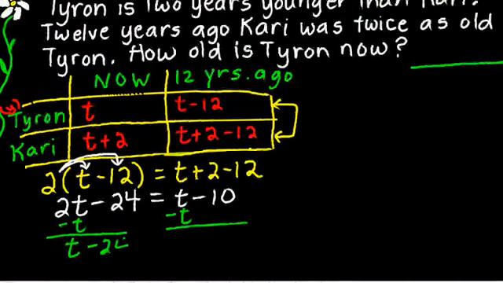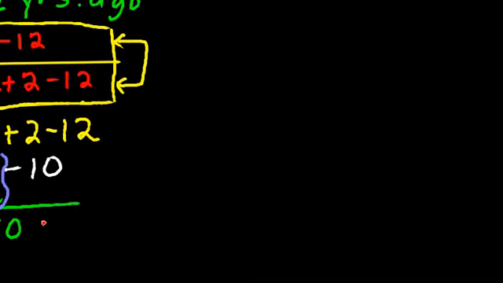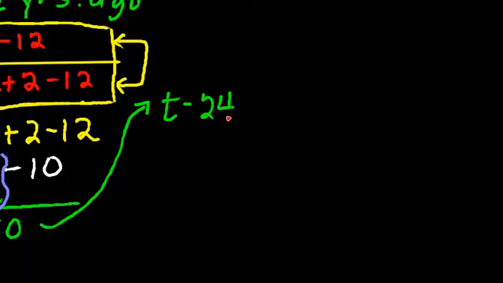Over here, these 2 are equal to 0, so we'll bring down nothing. Equals negative 10. I'm running out of room, so I'm going to rewrite this up here so I can finish it. T minus 24 equals negative 10.